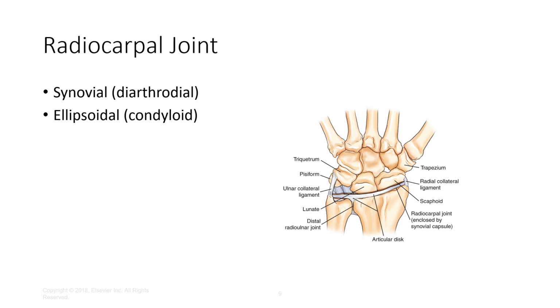Only the radius actually articulates directly with two carpal bones, the scaphoid and the lunate, and this radiocarpal joint is the wrist because it's where the radius and the carpal bones meet one another. And this particular picture is figure 4.22 on page 131.